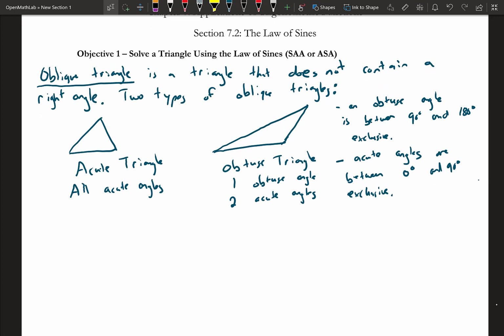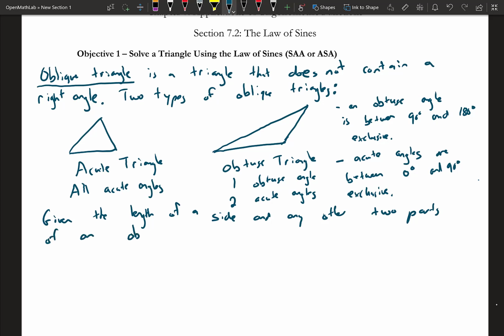So what we want to focus on now is if we're given the length of a side and any other two parts of an oblique triangle, we can solve that triangle.